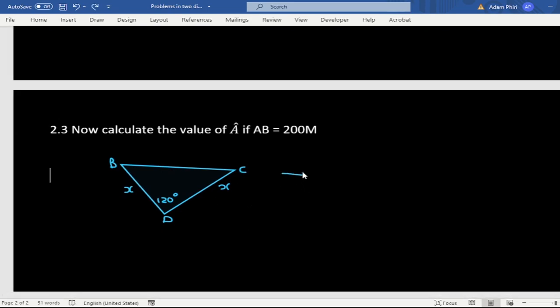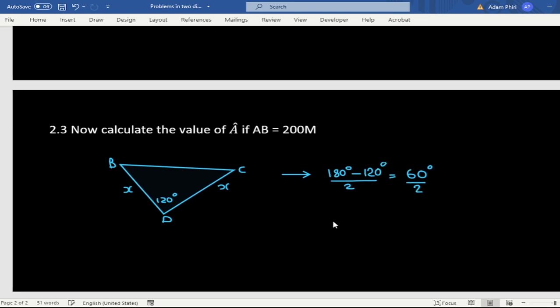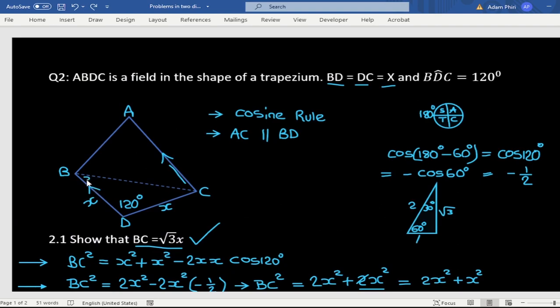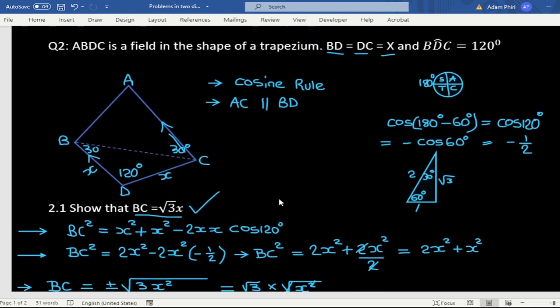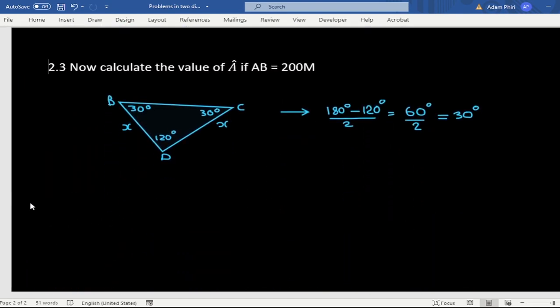So we have 180 degrees minus 120, divided by 2, because of the two angles. So it's going to be 60 degrees divided by 2, and that means our angle is 30 degrees each. So it's 30 there and 30 degrees there. That in mind, what we do now is 30 degrees, and that is going to be 30 degrees because they are parallel, BD parallel to AC.